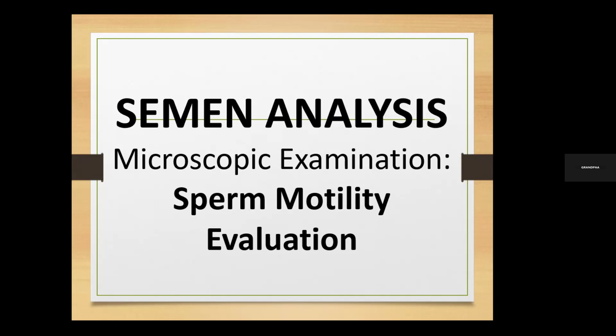Otherwise, we move on. And today we're going to look at sperm motility evaluation. You know that semen analysis involves a lot of parameters, and motility is one of the key parameters. Remember in previous discussions, you were told that the quality of semen does not necessarily depend on the numbers.